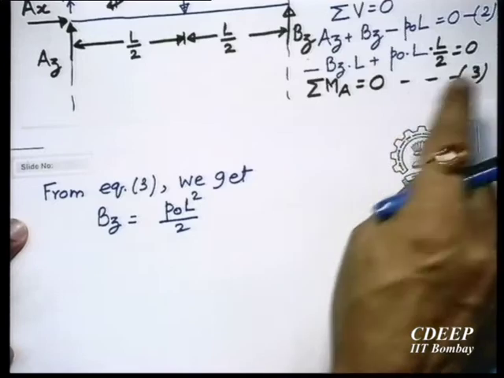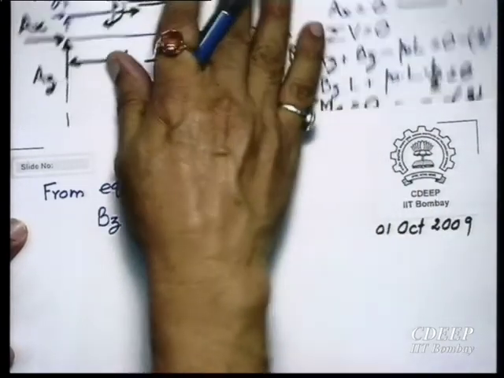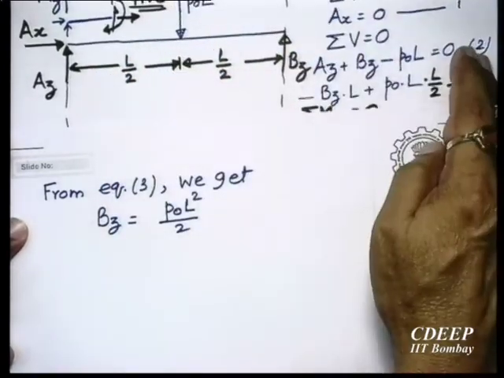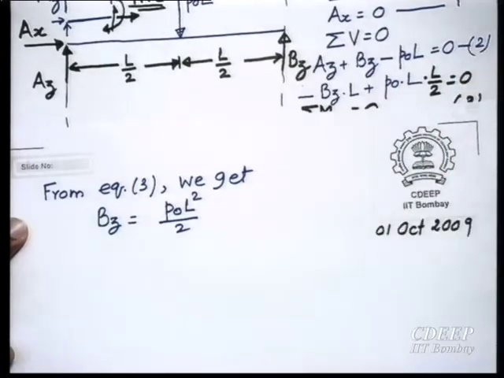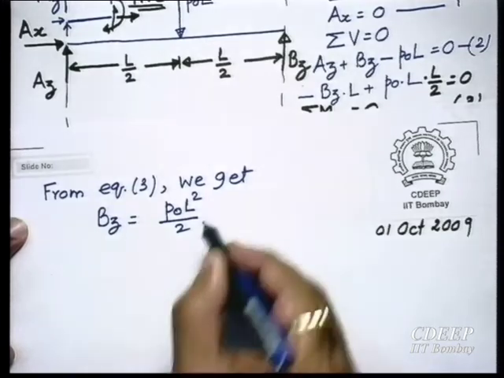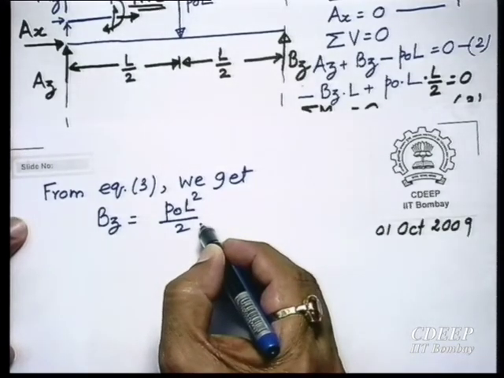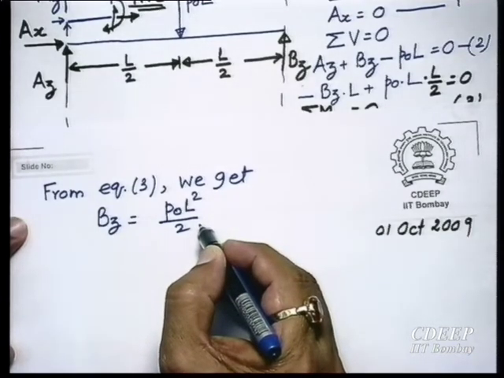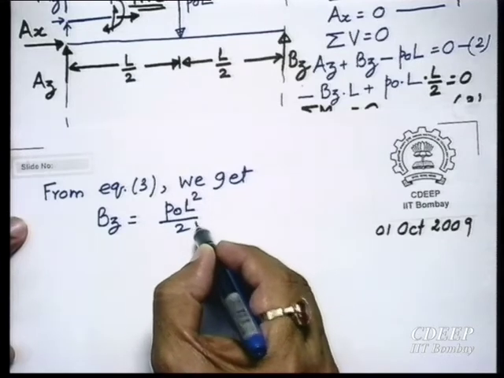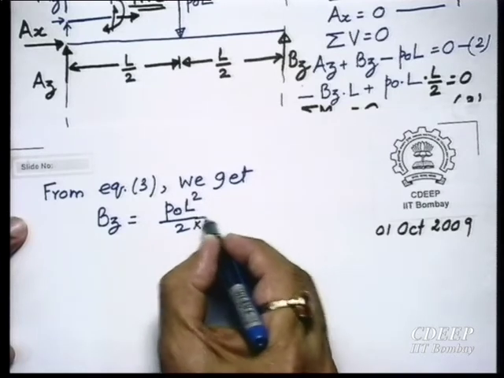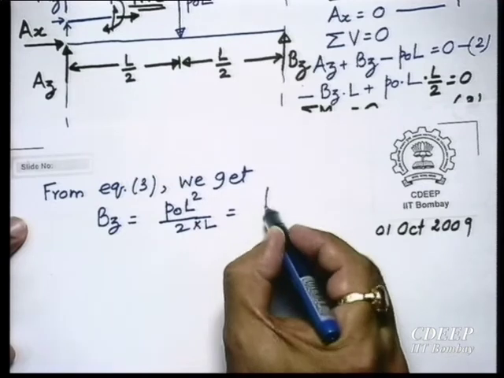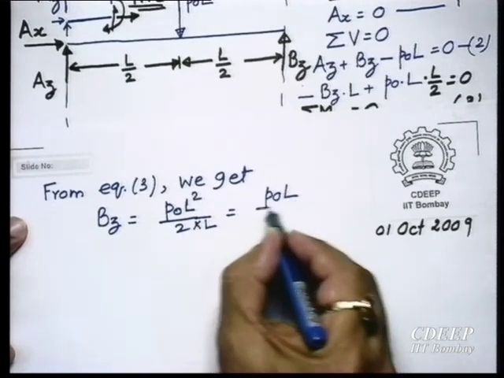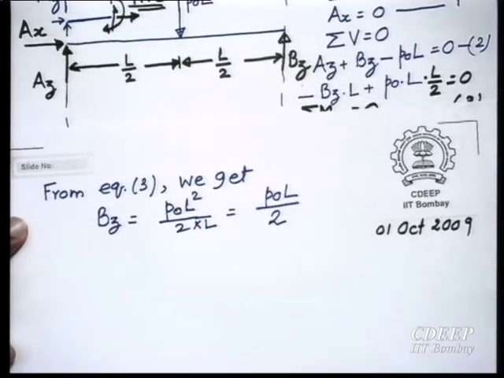This is P naught L square by 2. I hope you can see it. It has to be divided by L, so dividing by L, you get here P naught L by 2.